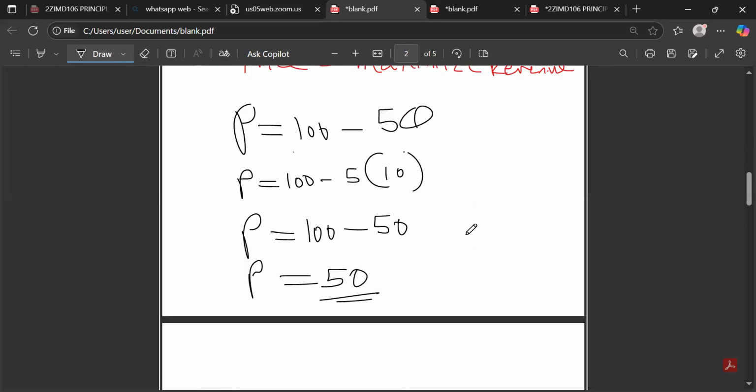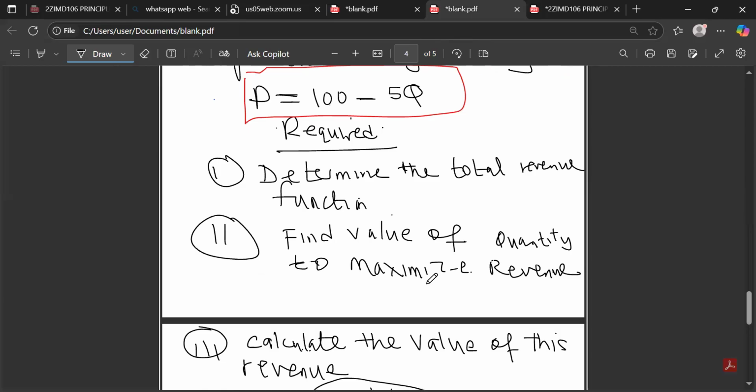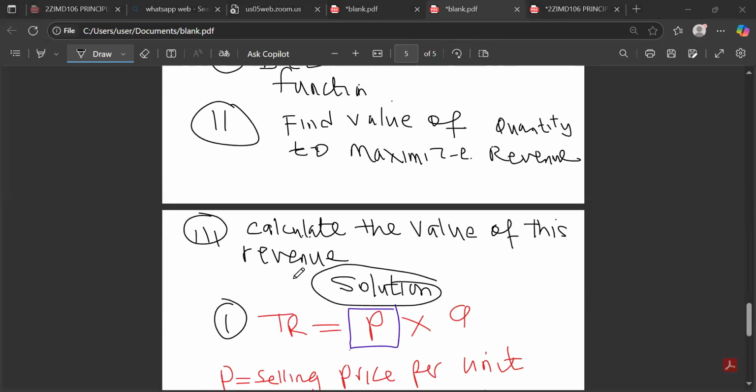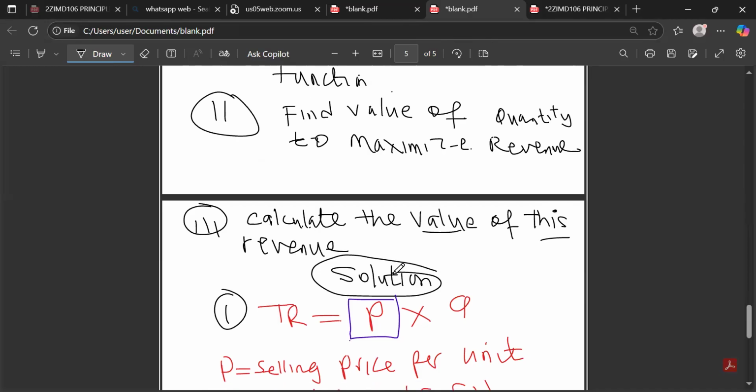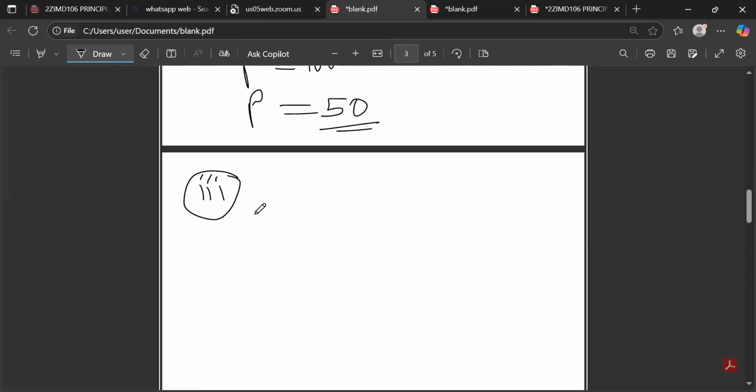Are we together so far? Yes. So number 3, what was number 3? Number 3 question was to calculate the value of this revenue now. So the function was 100Q minus 5Q squared.